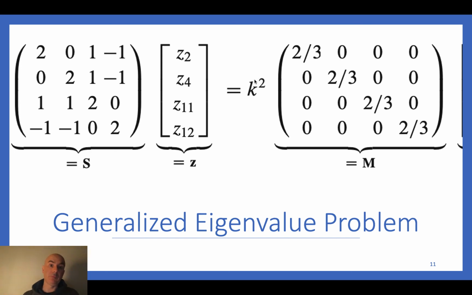So what we want at this point, once we have the matrix S and the matrix M, is to call the MATLAB function to calculate this K square and the different components of the eigenvectors. So the most difficult part is to form this S matrix and M matrix, and then we use MATLAB to calculate the eigenvalues and the eigenvectors.